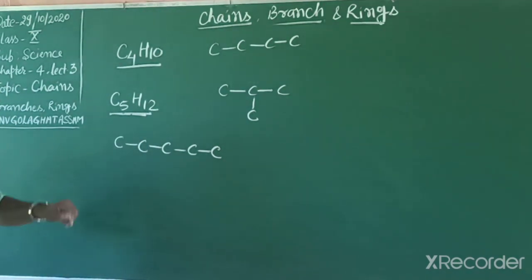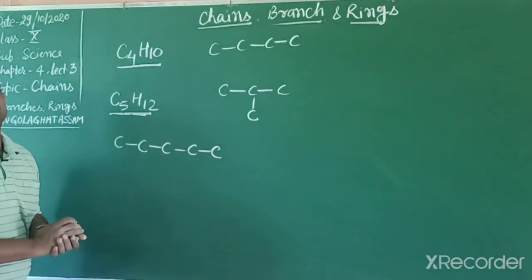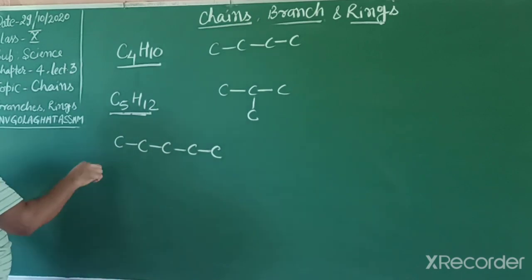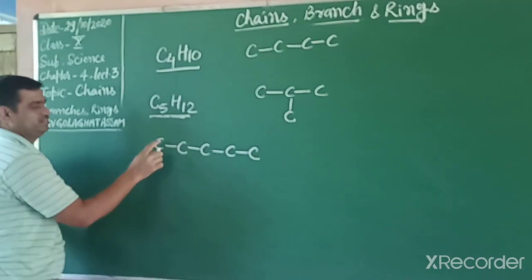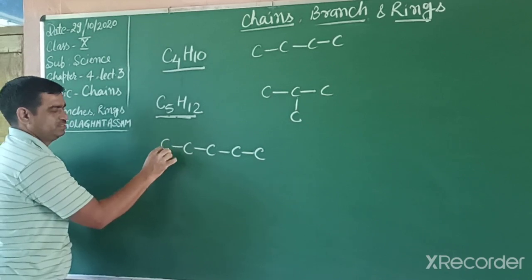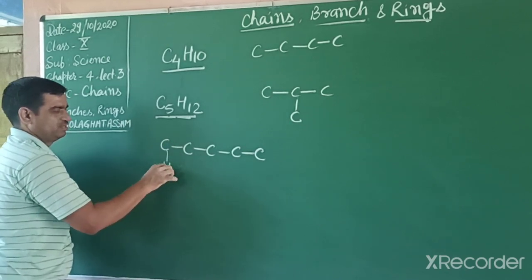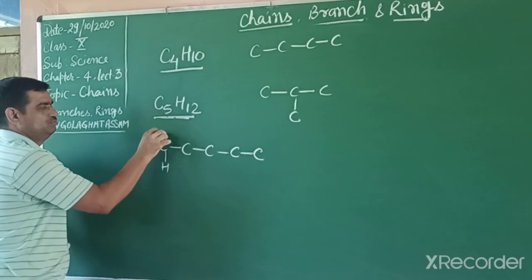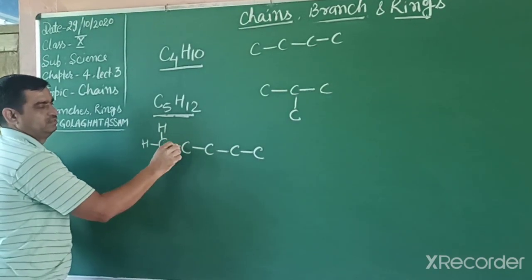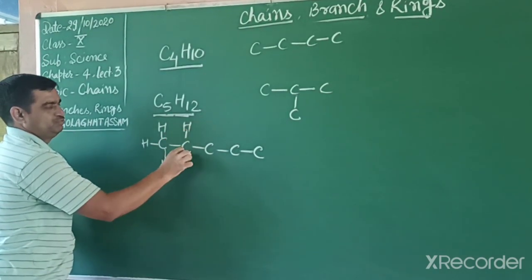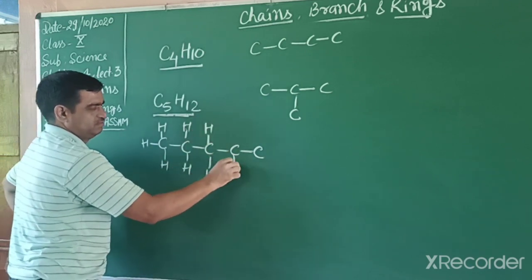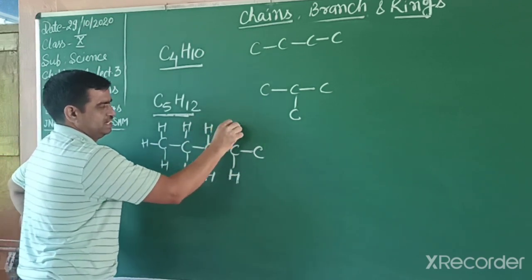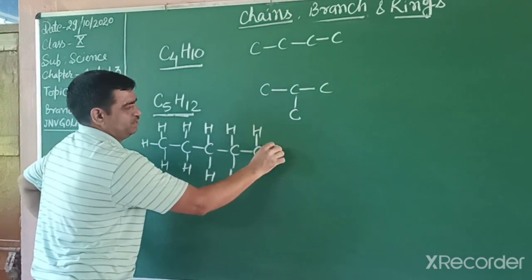First compound, this one, carbon-carbon single bond. Then we complete its hydrogen by counting the valency 1. So it needs 3 hydrogen, 1, 2, 3. This requires only 2. So in this way you can write, that is the complete structure.